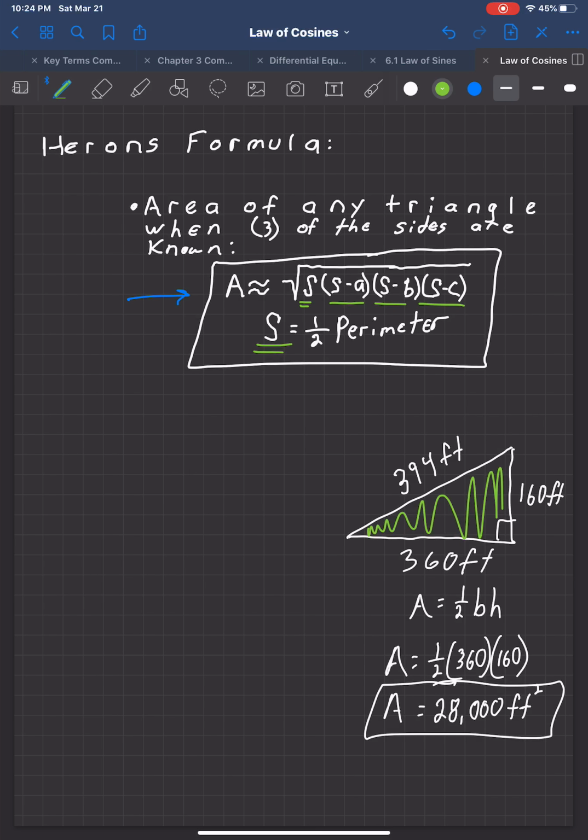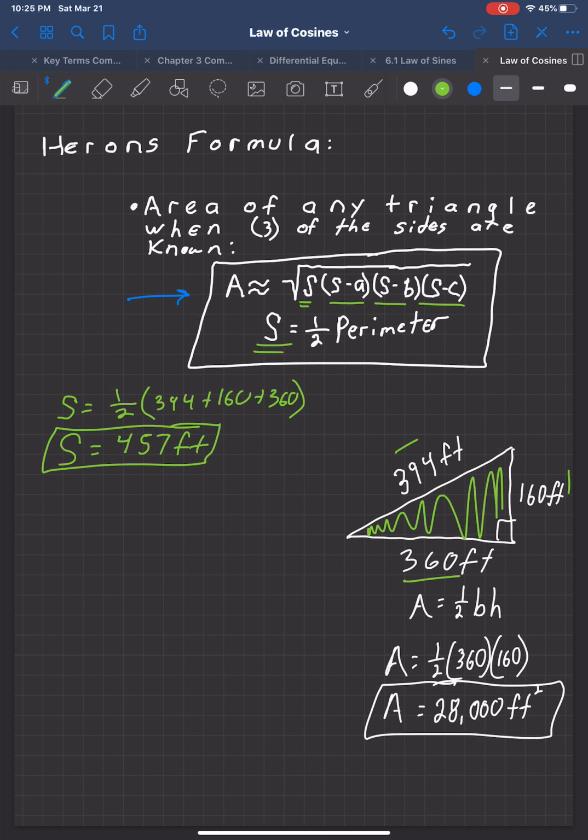So if you add up these three sides and cut it in half, you would have half the perimeter. So let's go ahead and do that right now. S is going to be equal to 1/2 of 394 plus 160 plus 360. So S is going to be equal to half of 914, which is 457 feet, right? That's the semiperimeter.